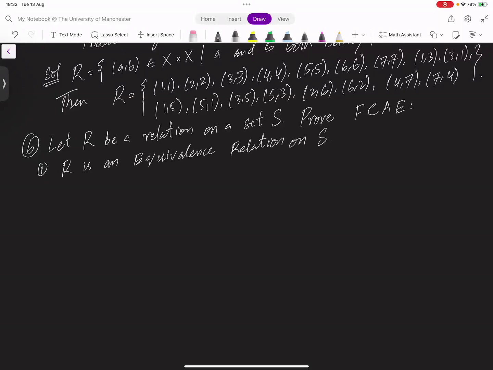Number two, if it is equivalent, then we have the following conditions.